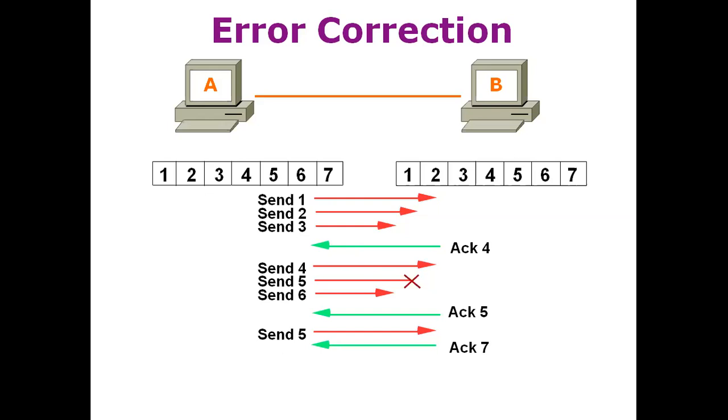But system B should reply with ACK 7. But brother, system B is replying with ACK 5. What does it mean? It means that packet 5 has not been received by system B. Hope now you understand, I think so.